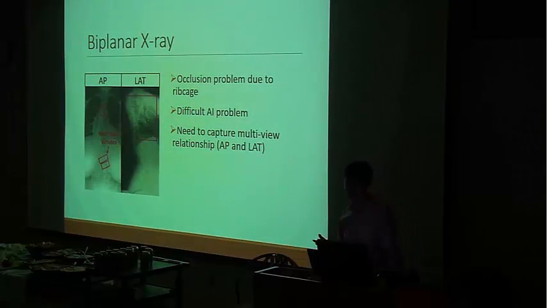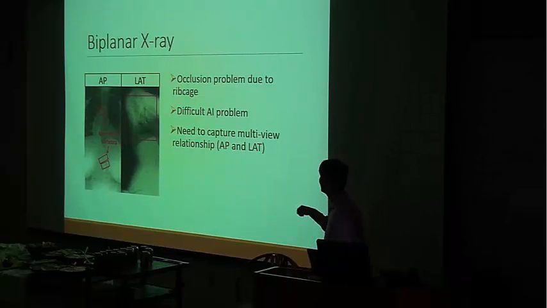Since X-ray is a 2D modality, all the image is essentially flattened, and this is why it is very difficult to find the most tilted vertebra in the lateral image.